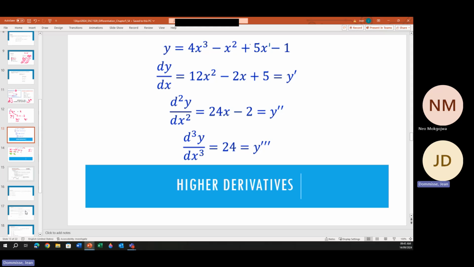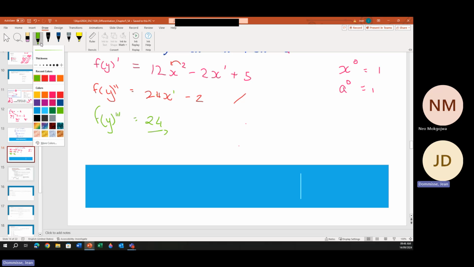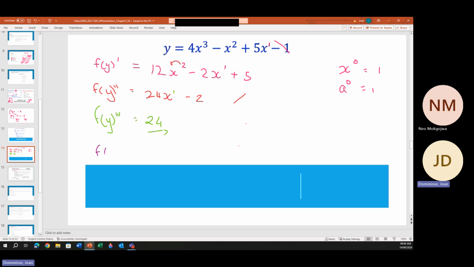Okay, if they, for some weird reason, ask for the fourth derivative, so if I do something like that, it is the fourth derivative, then basically the derivative of a constant is 0. So your fourth derivative will just be 0.